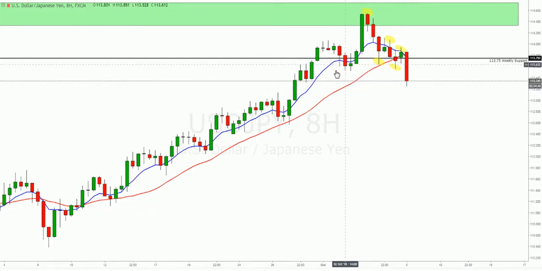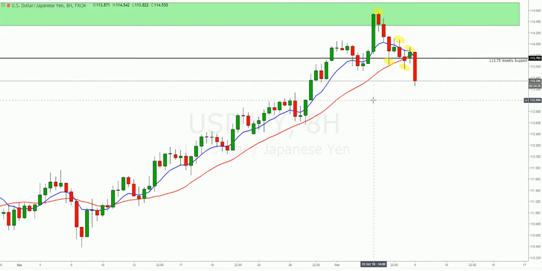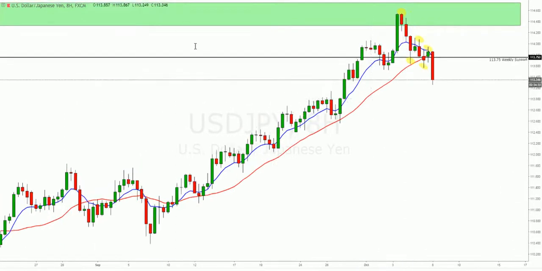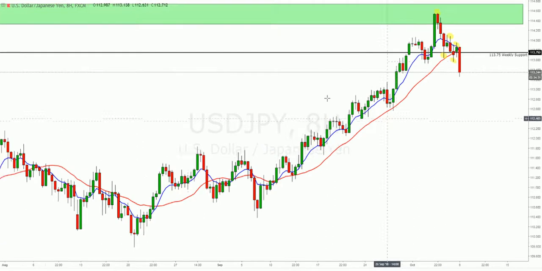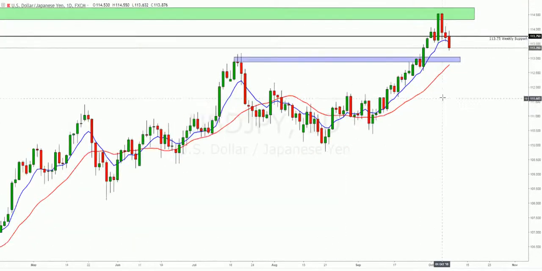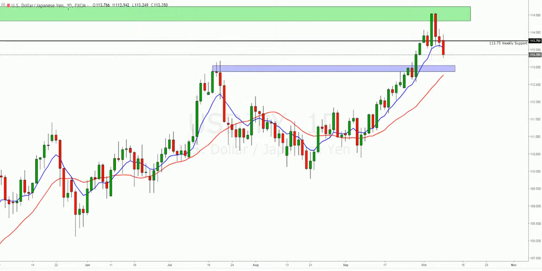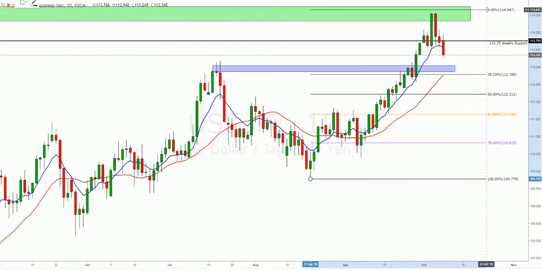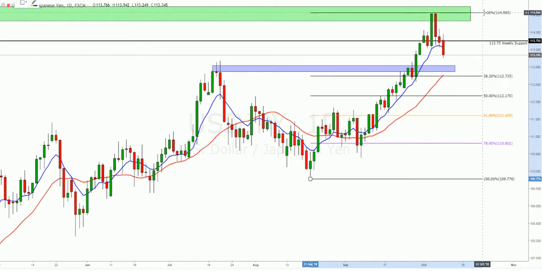But as I say, we've now broken this previous low as we look down to the 113 as our initial target, and this does seem to suggest that price could come significantly lower than the 113 level, but just as an initial target. This is on the day, back to the daily time frame.